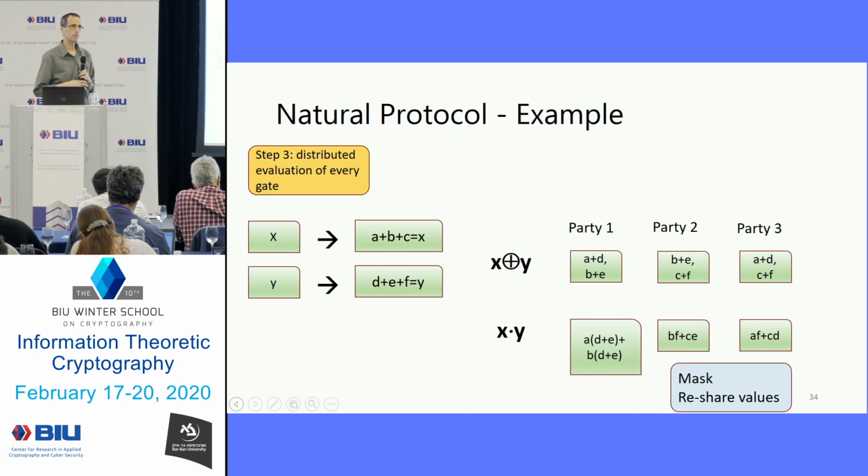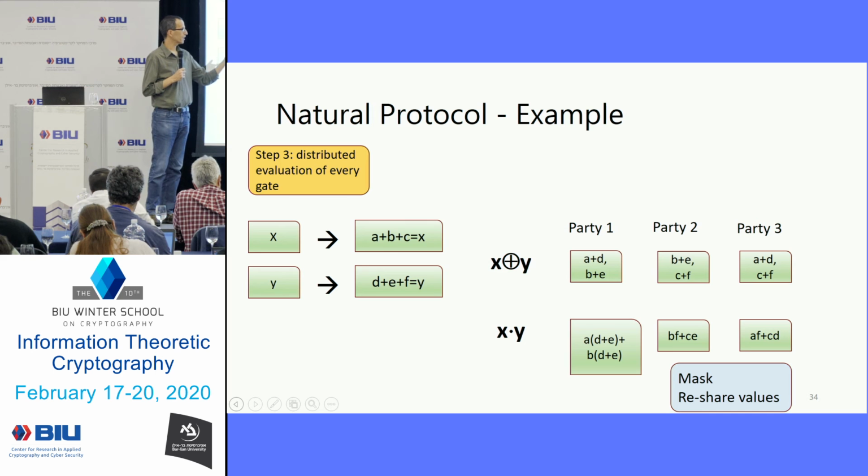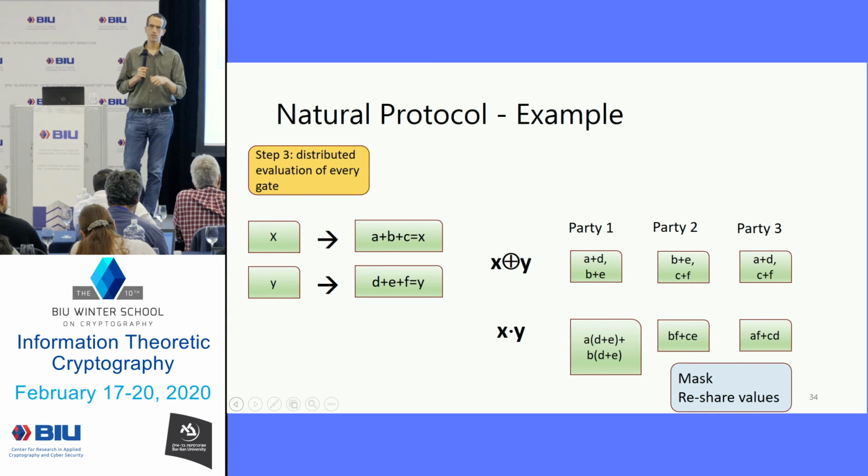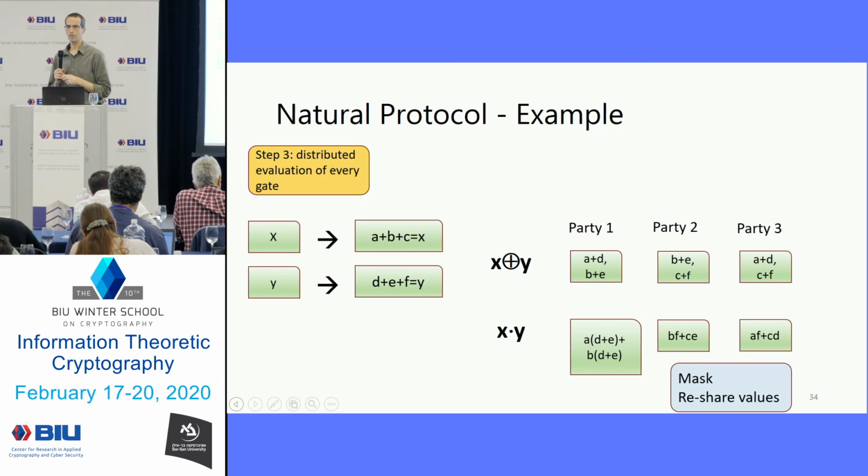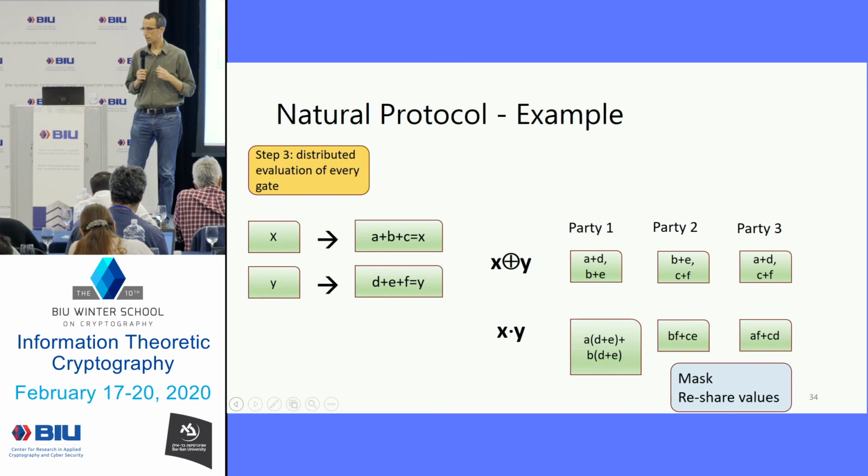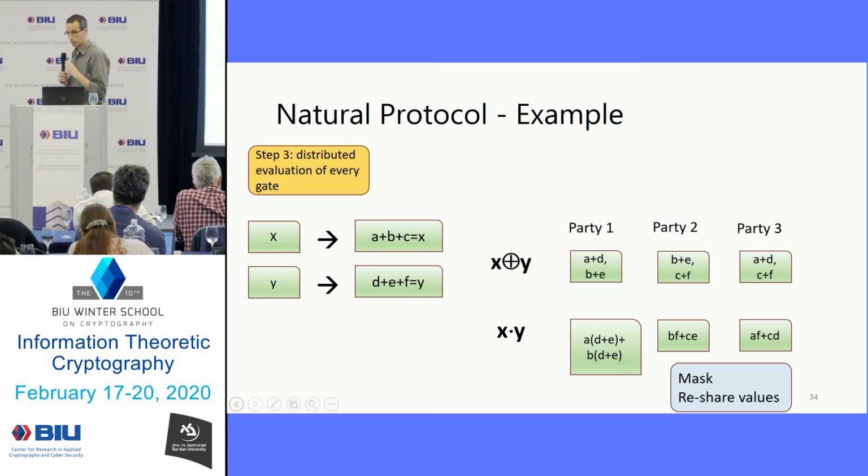Mask and reshare. The easiest thing to do, say for party 2, would be to take its share and just send it to someone else. But that would have been bad, because that already leaks information on what that party had initially.